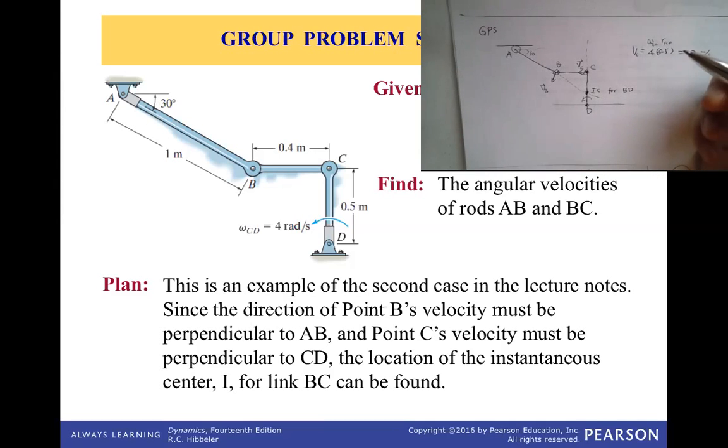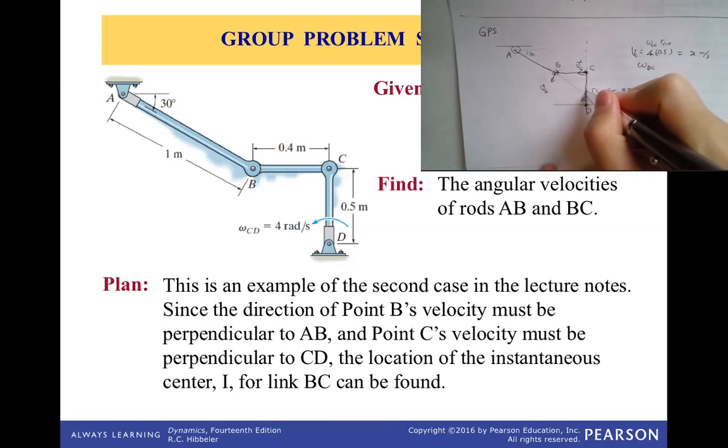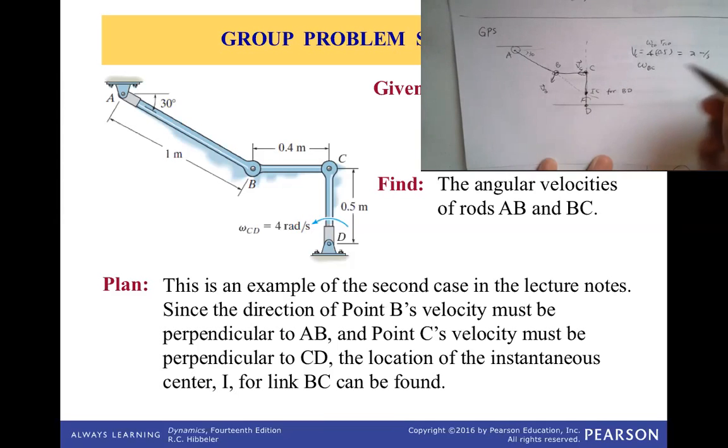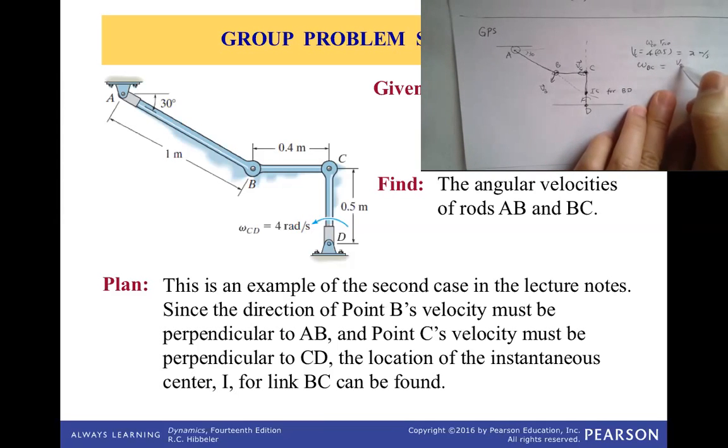All right, so once we have that, we can figure out omega BC, this whole rod rotating about this instantaneous center of zero velocity. So that would be equal to VC divided by RC to its instantaneous center, okay?